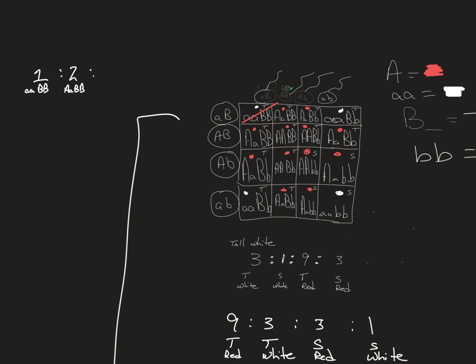All right. Now, what about big A, big B, big B? What about big A, big B, little b? Two heterozygous for both alleles, both genes. Big A, big B, little b. I got one here. I got one here. 1, 2.